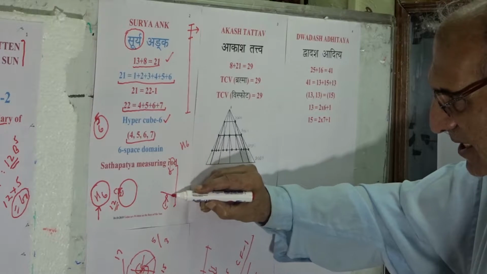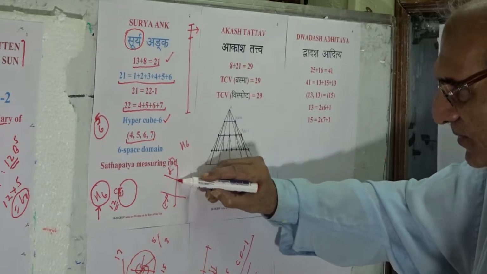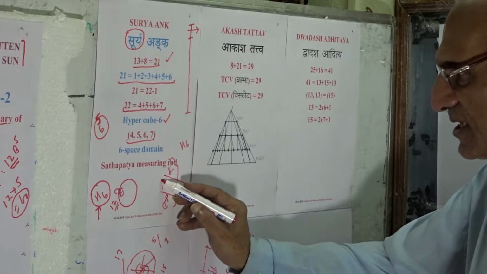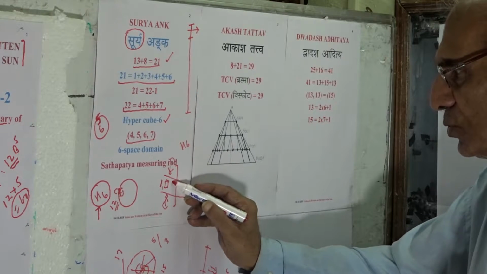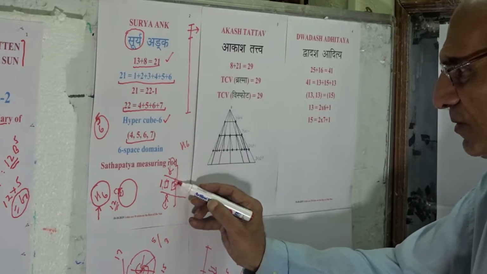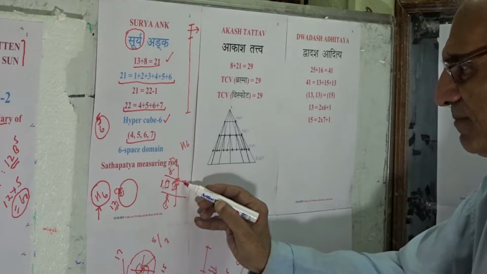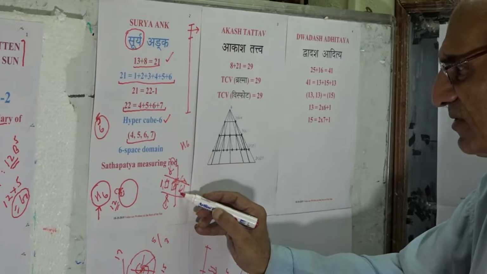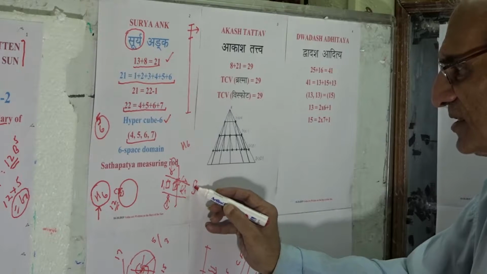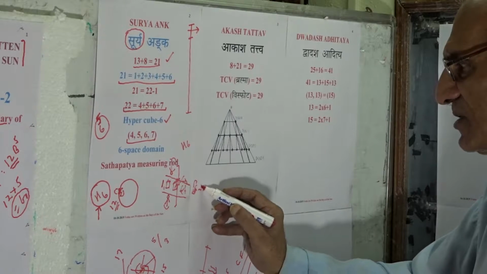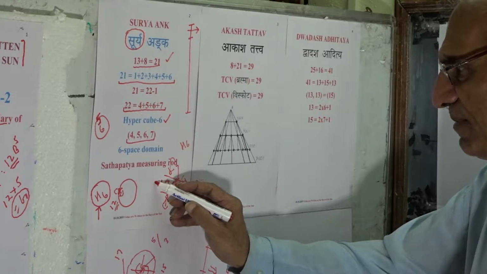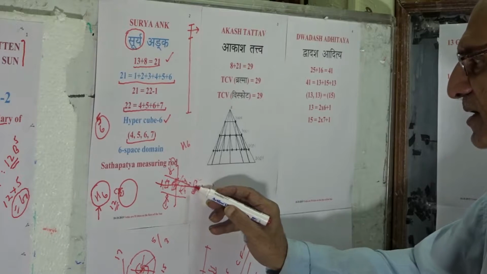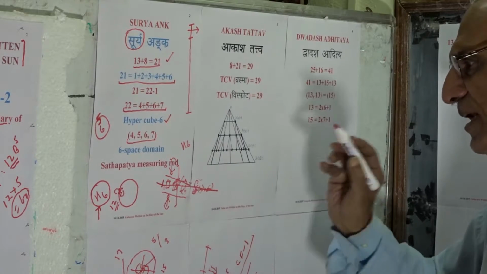Now within this hypercube 6 domain, we will have simultaneous manifestation for 1, 2, 3, 4, 5 and 6, means the representative regular bodies of one space to one 6 space content will simultaneously manifest within hypercube 6 domain.